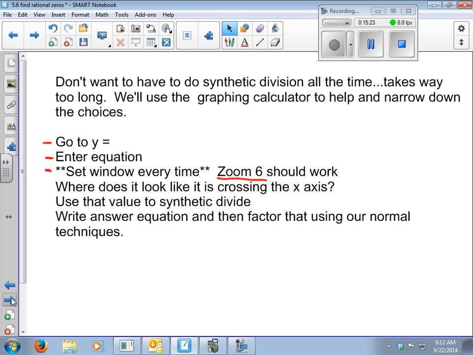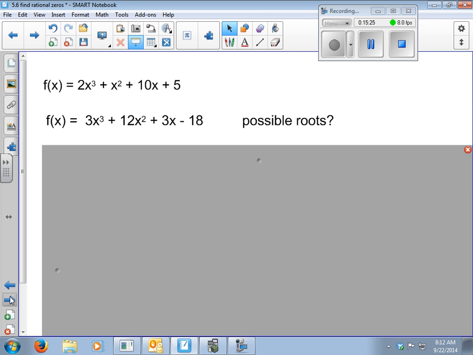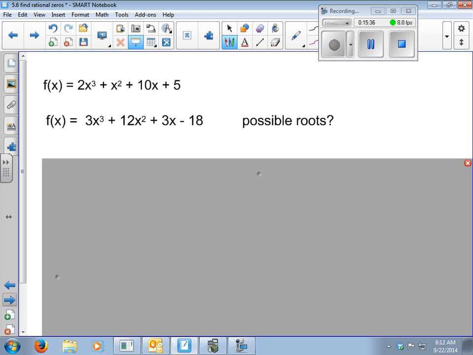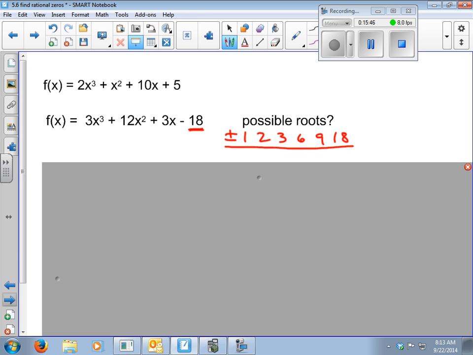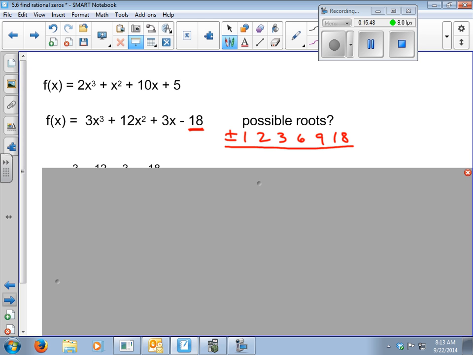Okay, so let's use our calculators and let's try this next example. F of x equals 3x to the third plus 12x squared plus 3x minus 18. First thing we want to do is list the possible roots. P-values, plus and minus 1, 2, 3, 6, 9, 18. Q-values, plus and minus 1 and 3.